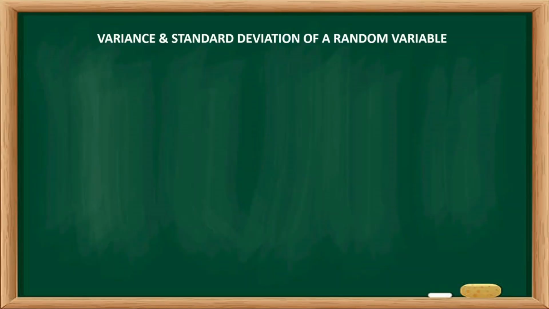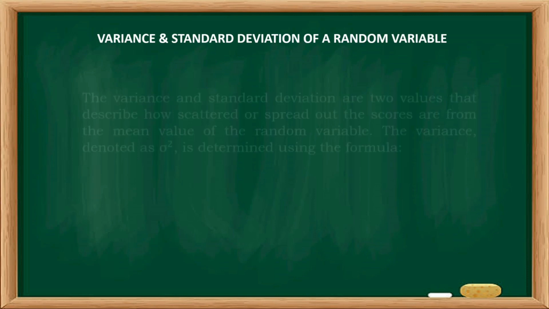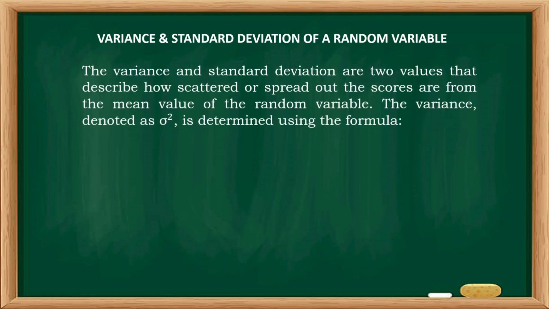Variance and standard deviation of a random variable. The variance and standard deviation are two values that describe how scattered or spread out the scores are from the mean value of the random variable. The variance, denoted as sigma squared, is determined using the formula: variance is equal to the summation of the quantity x minus the mean, squared, multiplied by P of x.